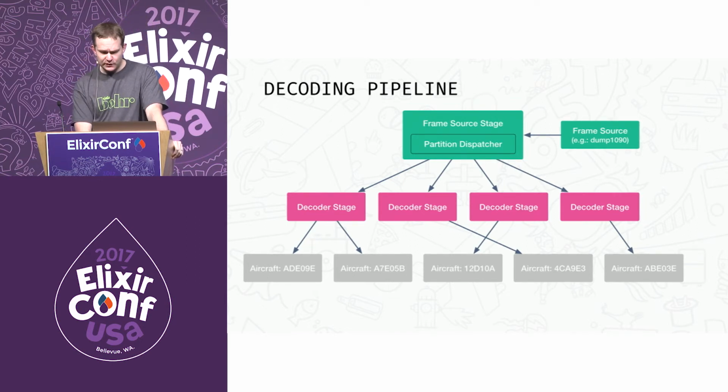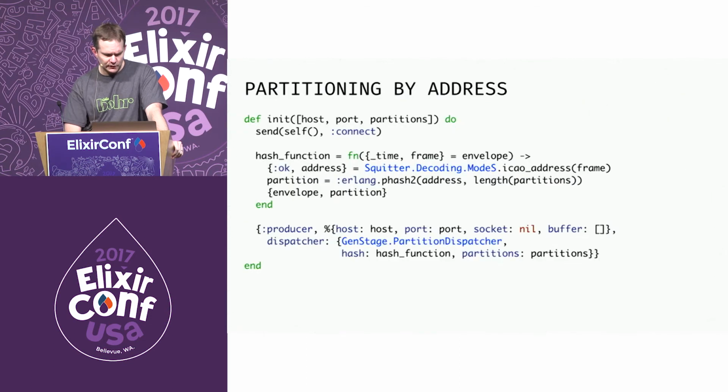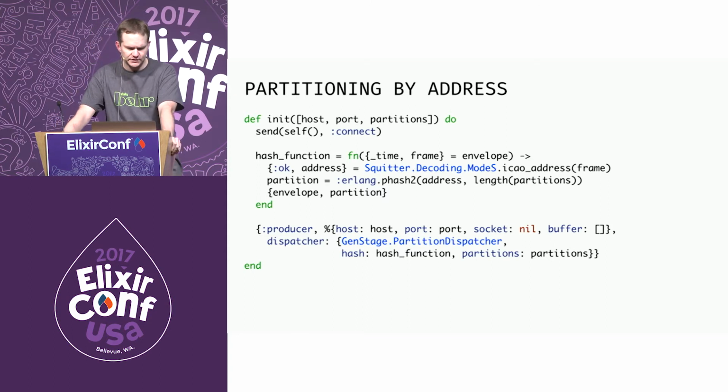And so that address is going to play a part in this. I basically take a peek at that 24-bit address that's in the header of every message, and then provide that as a hash value to GenStage's PartitionDispatcher during the init function on that first stage.